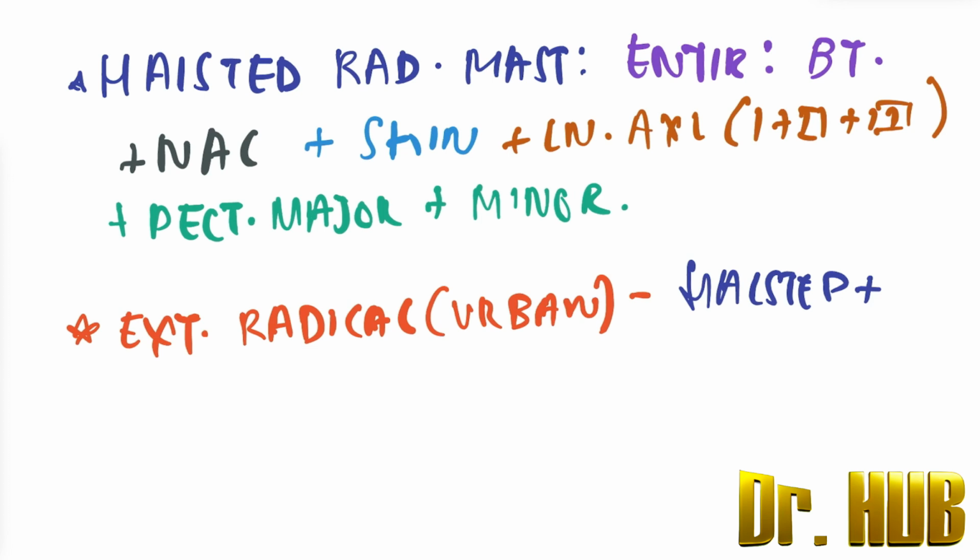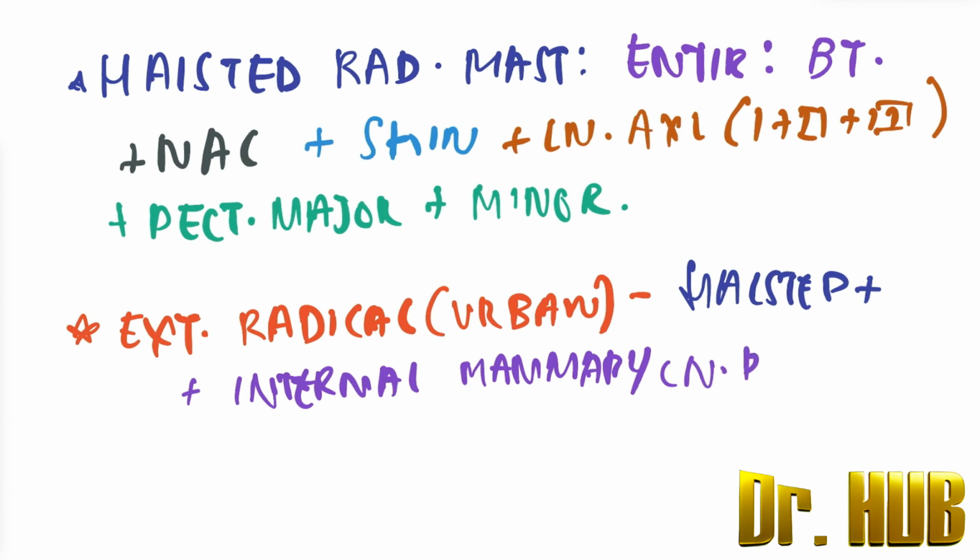We saw Halsted's was the entire breast tissue, the nipple areolar complex, the skin, level 1, 2, 3 of the axillary lymph nodes, and the pectoralis major and minor. Along with it, it also includes the internal mammary lymph node dissection. This is involved.